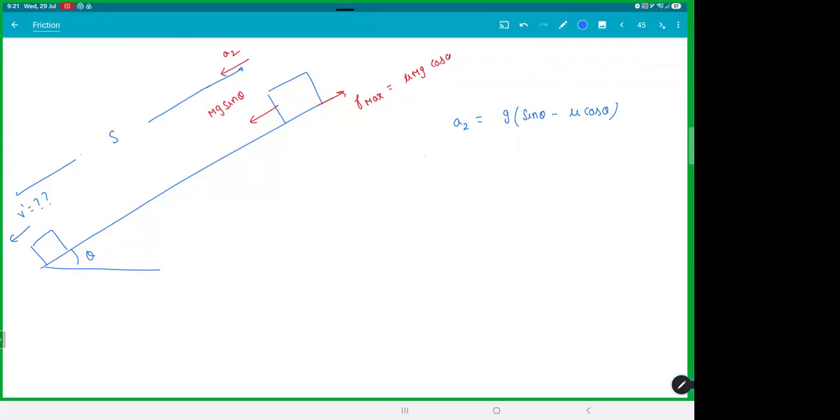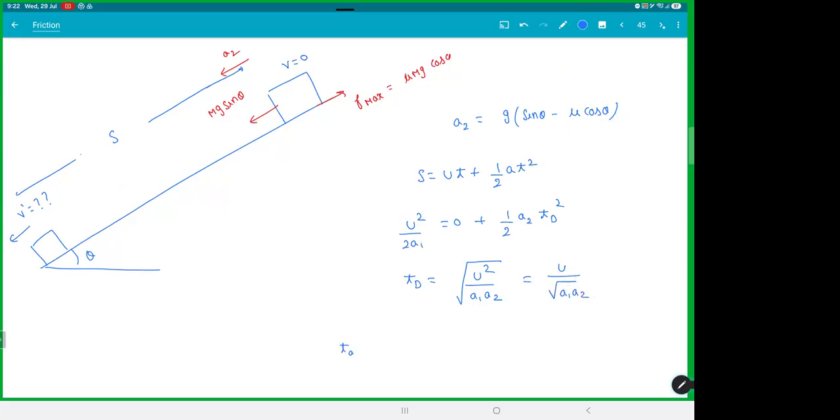Then you can use the equation s is equal to ut plus half at square. What is s? U square by 2 a1. What is your initial velocity? 0, because you're starting from rest. This will be plus half a2 time of descent square. This will give you time of descent, which is u by root a1 a2.